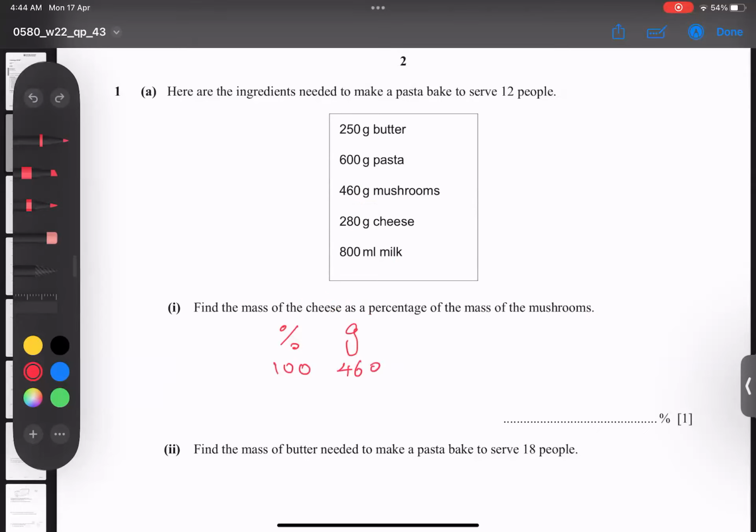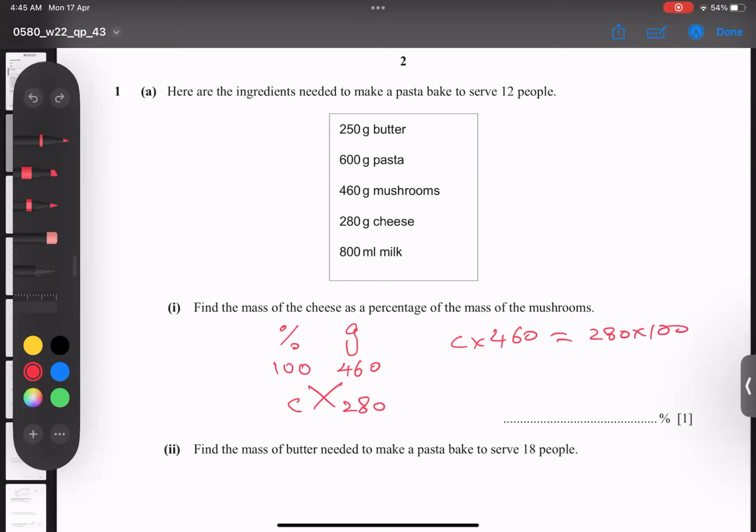I hope the point is very clear. Here, cross multiply: C times 460 equals 280 times 100. And this 460 will divide.